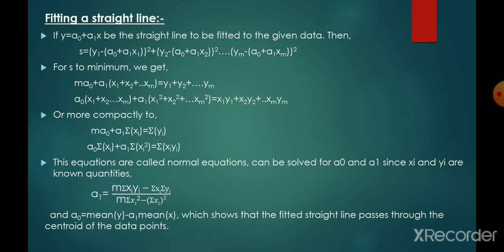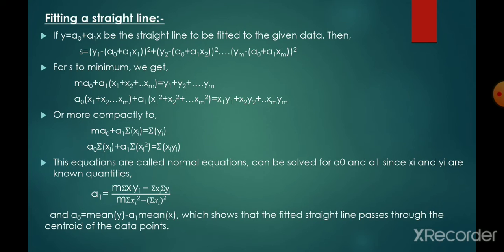These equations are called normal equations, and they can be solved for a0 and a1 since xi and yi are known quantities. That is, if we know the xi and yi values, we can find the values of a0 and a1.